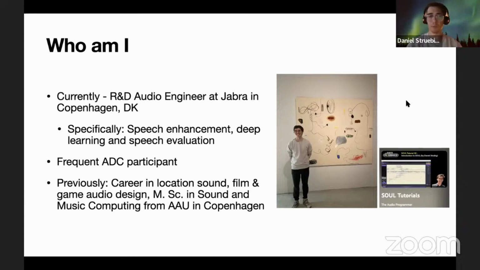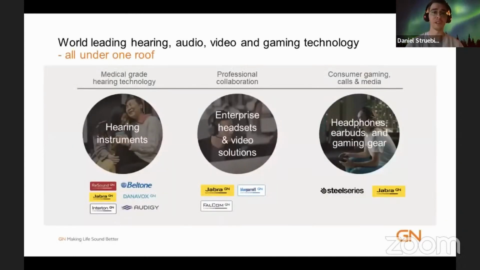Before I venture into the whole topic, I would just like to give an overview of what Jabra is as a whole, because sometimes people cannot really locate the name of the brand. So just to give you an overview of what I'm concerned with, the company that I work in, in my day-to-day life.